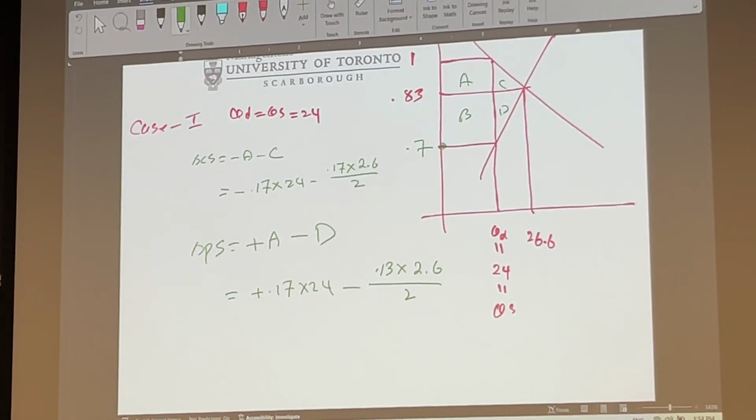Right? And that's what I said, the sum of these two, which will be C and D loss because A is transferred. So that deadweight loss is 30 cents multiplied by 2.6 divided by 2. How much is that?